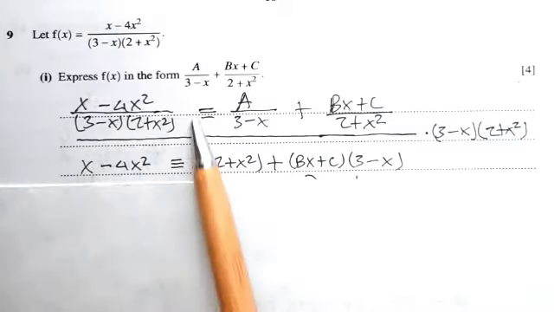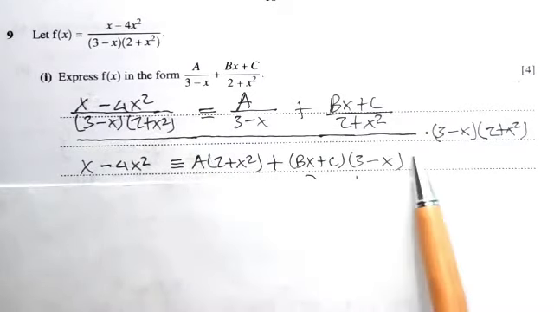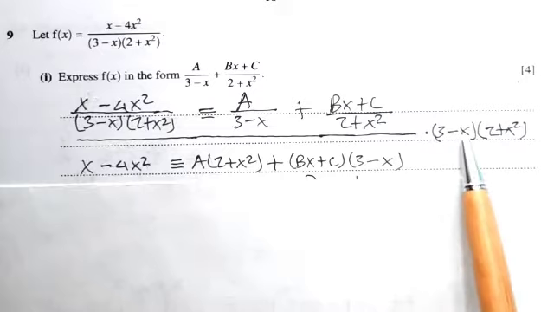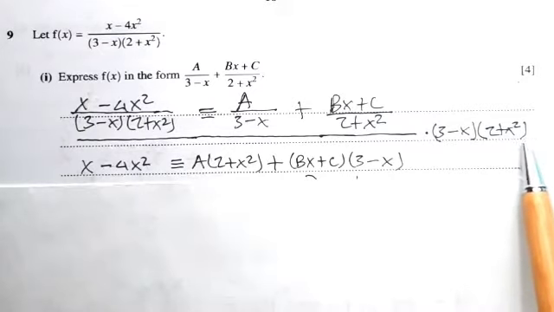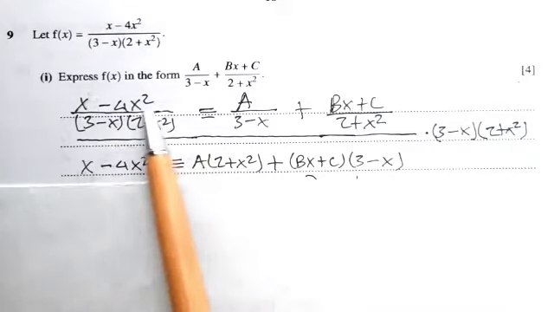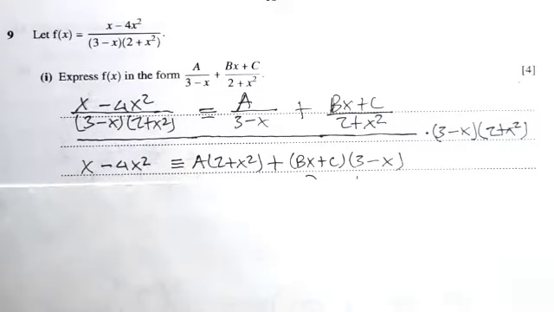Now, both sides of this identity will be multiplied by (3 minus x)(2 plus x squared), that is the denominator of this expression.